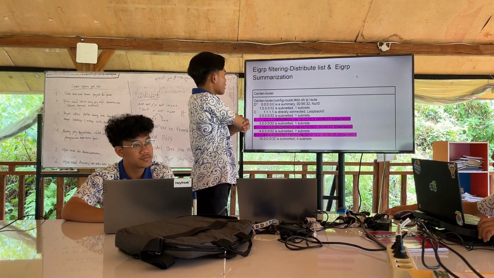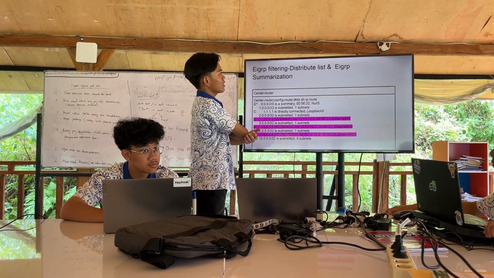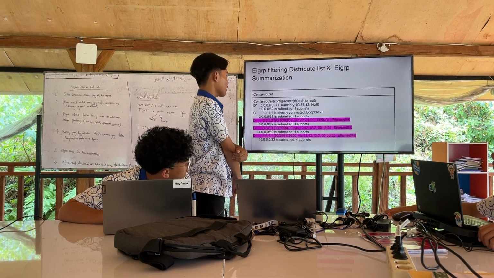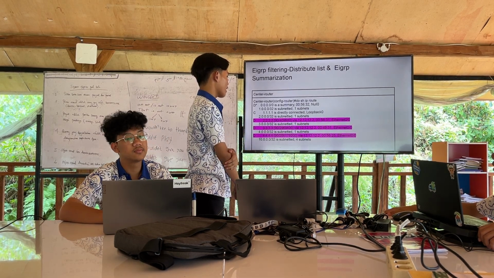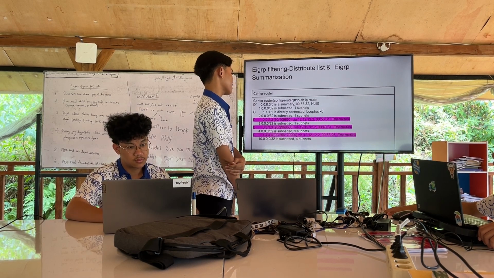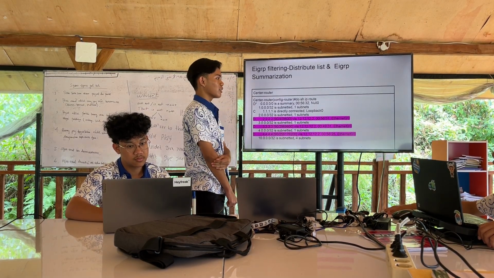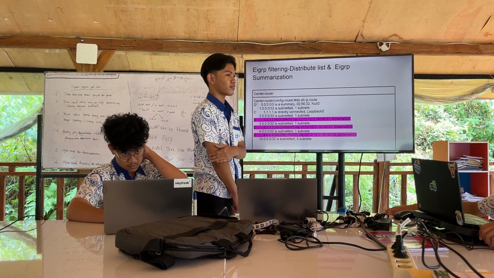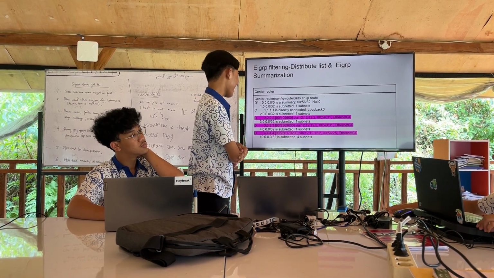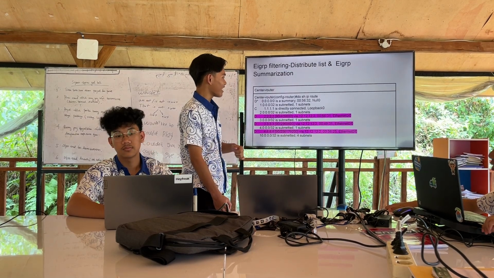Okay, the first configuration is about AGRP filtering distribute list and AGRP summarization. At the center router, we could check that we already made the IP loopback and advertised the IP into the devices.